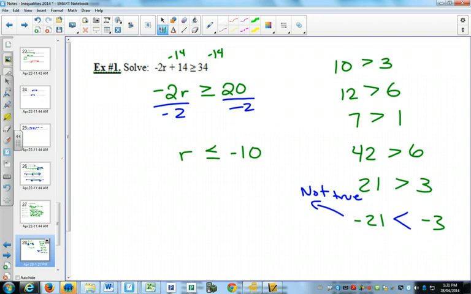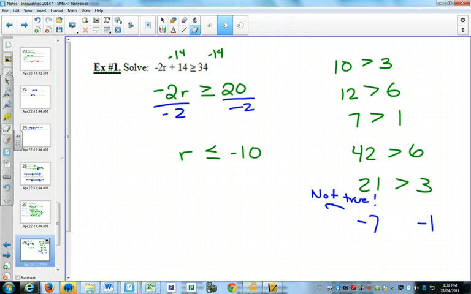Same thing would happen if I would divide. Let's say I divide both sides by a negative 3. 27 divided by negative 3 is negative 9, and 3 divided by negative 3 is negative 1. Also, negative 9 is not bigger than negative 1. So you'd have to go back and switch the sign.